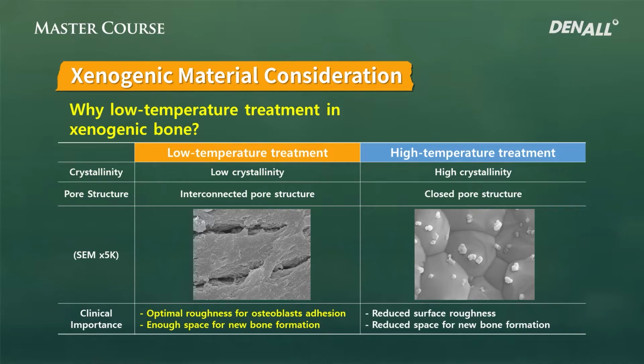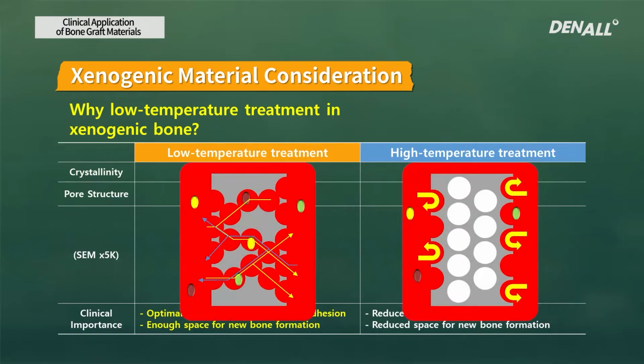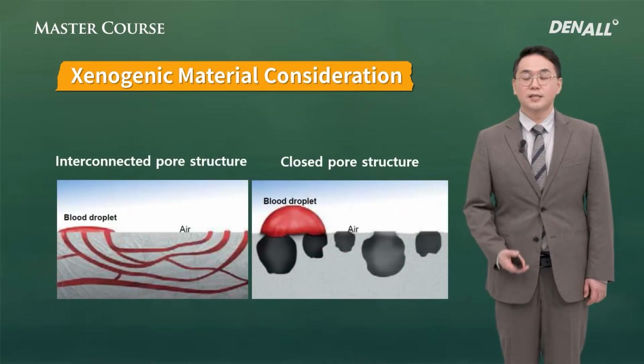Just like PFM fabrication, after porcelain buildup and sintering in the furnace, recrystallization occurs, so that happens in the bone material as well. That closes the pores. So with the high temperature treatment, the residual organic materials would be removed 100%, but the structure of the cancellous bone similar to natural bone is lost due to recrystallization, and the pore system is closed. So the blood cannot be held and the cells cannot penetrate inside.